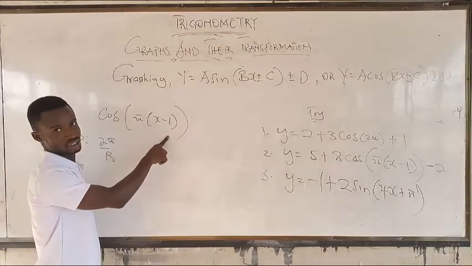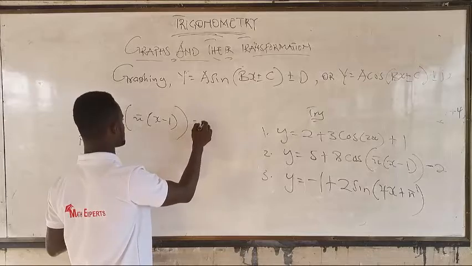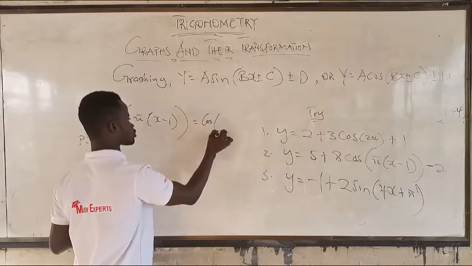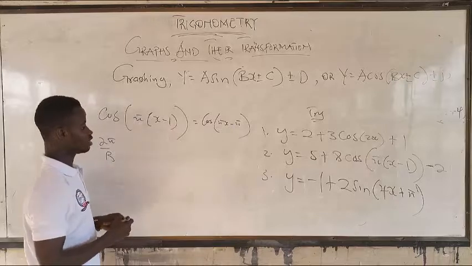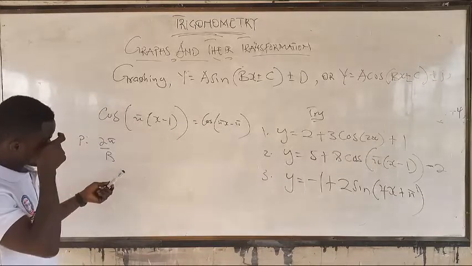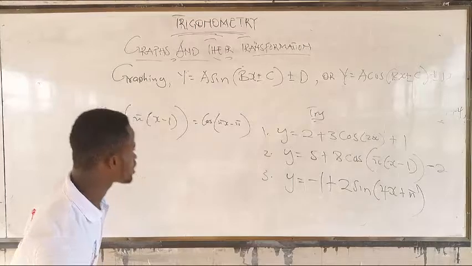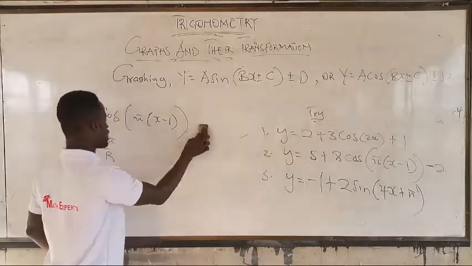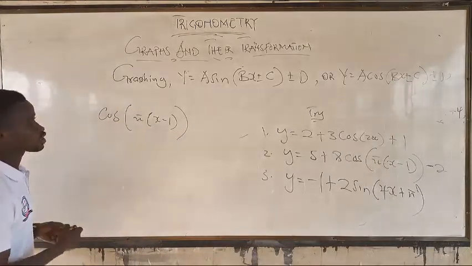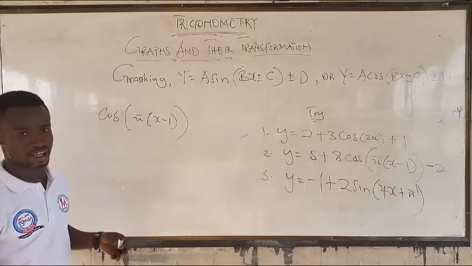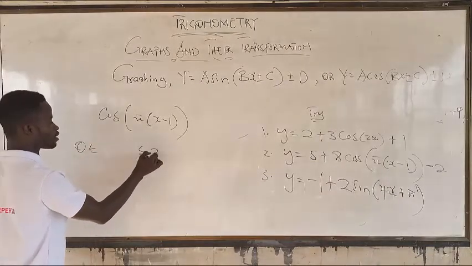expand this. Okay, so you get pi s. So this is just the same as cos of pi s minus pi. Okay, so the b will just be that. And even if you can't see it, as I said in the previous video, go by the idea of using the interval 0 less than or equal to 2 pi.